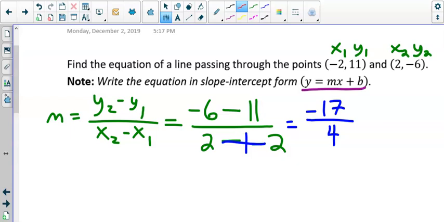How many points do you need to write an equation? So what are you going to do? Okay. Again, let me ask that question again. How many points do you need to write an equation? How many points do I have? Pick one. You got to pick a point. It doesn't matter which one you pick, but pick one.